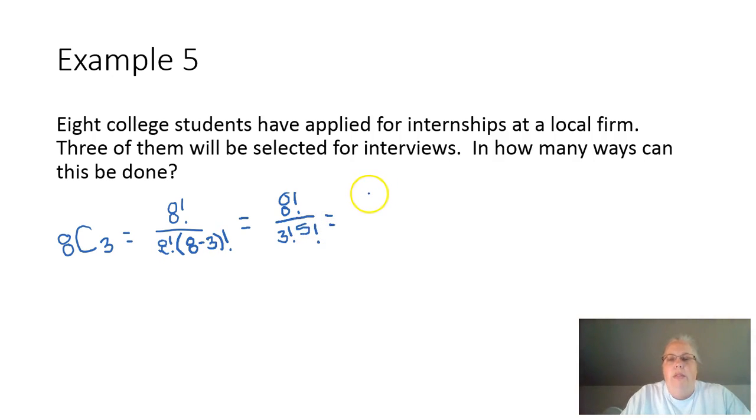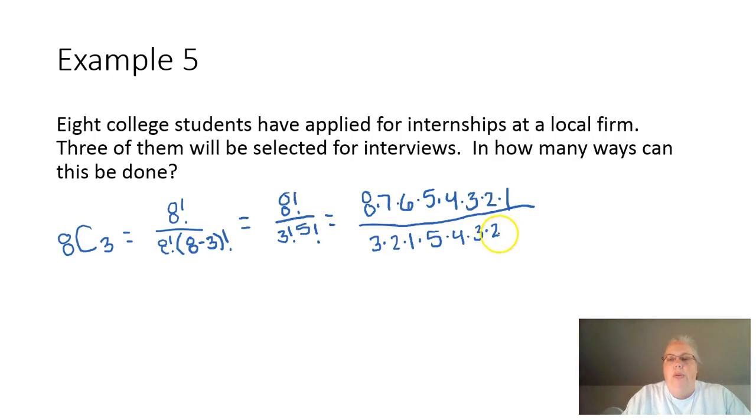Alright, so we have 8 times 7 times 6 times 5 times 4 times 3 times 2 times 1. And on the bottom, 3 factorial is just going to be 3 times 2 times 1. And 5 factorial is going to be 5 times 4 times 3 times 2 times 1.